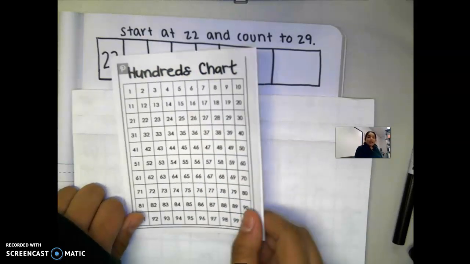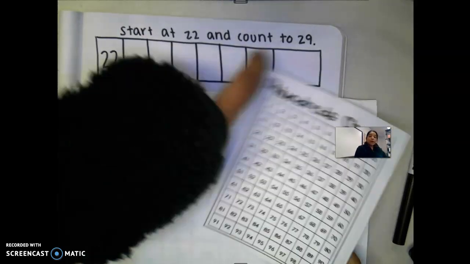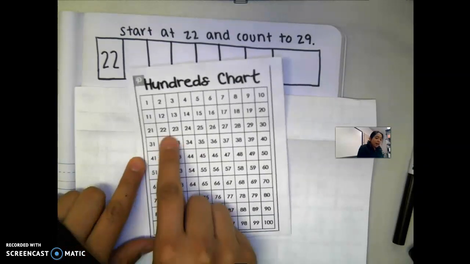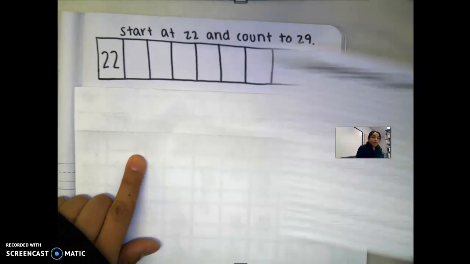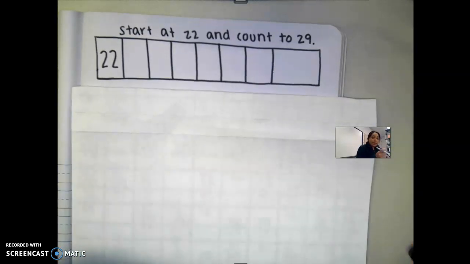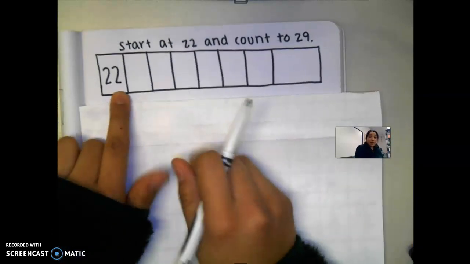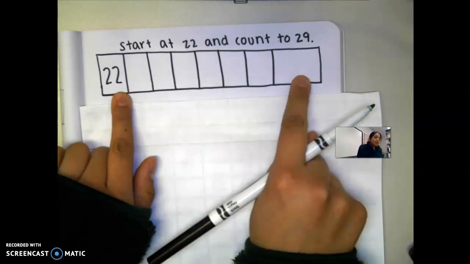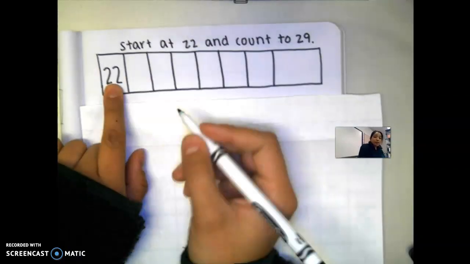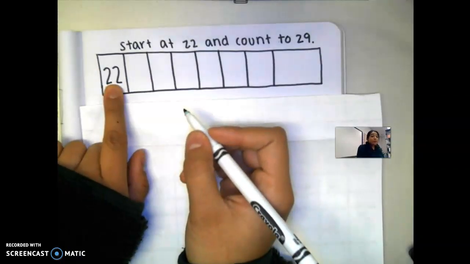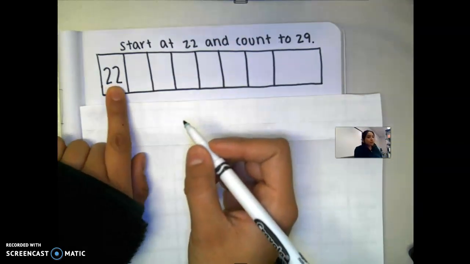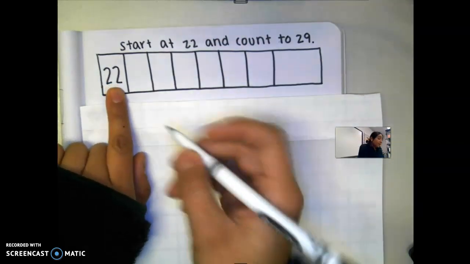Okay, I think I can fill out my little graph now that I've practiced with my hundreds chart. So I'm going to put my hundreds chart aside, and I'm going to start at 22 again, and write down the numbers that I just practiced and I just counted. 22, and then what was next? 23.